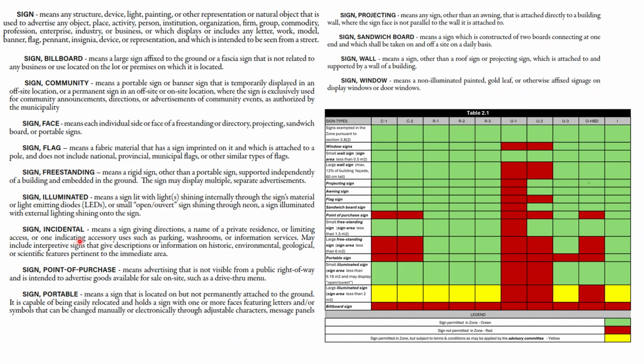Kind of these small incidental signs, they're typically exempt from any requirements. Point of purchase signs, portable signs, projecting signs. Those are the signs you typically see in the historic business district that project perpendicular to a building. Sandwich board signs, wall signs, and window signs.